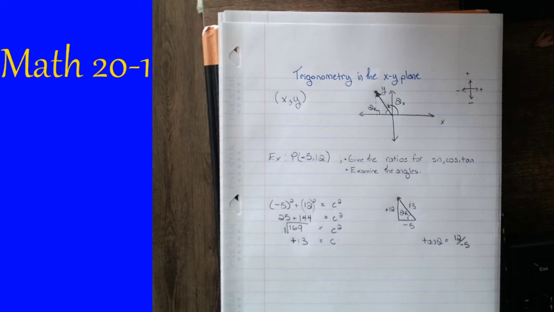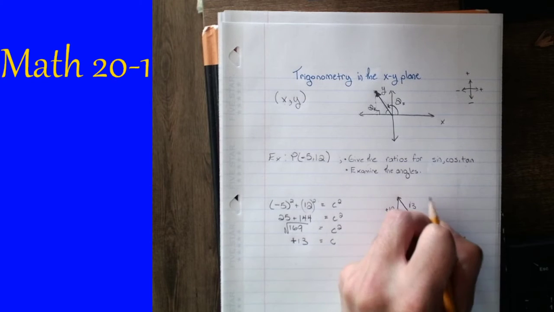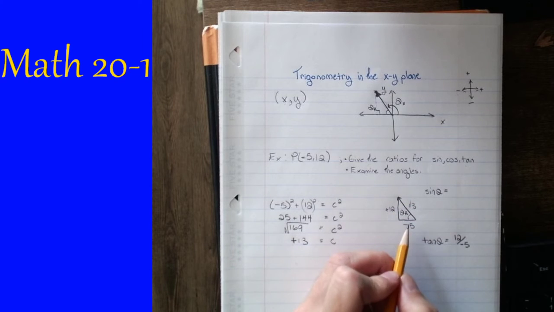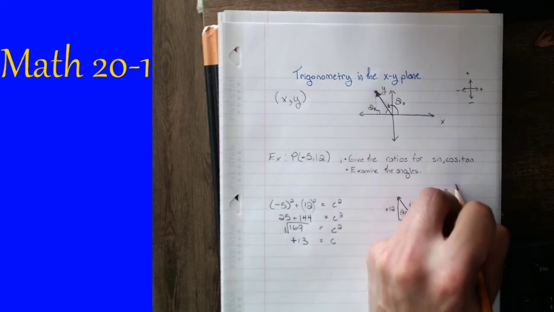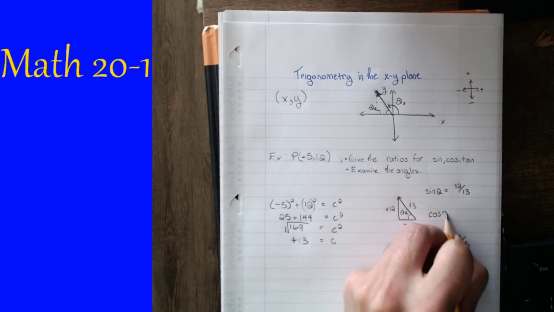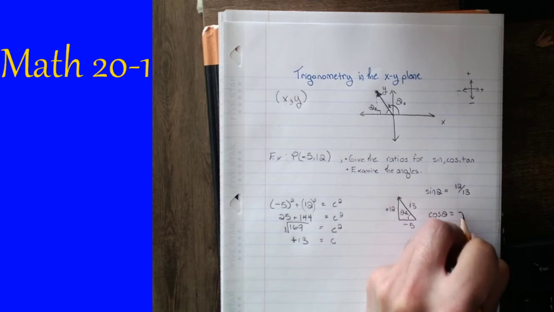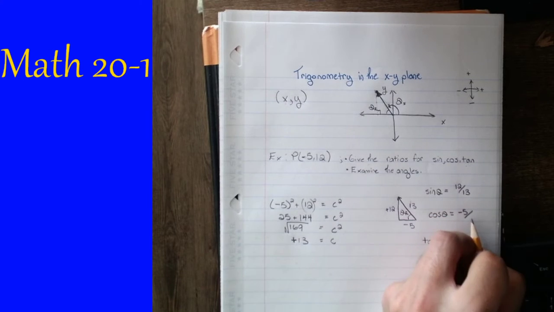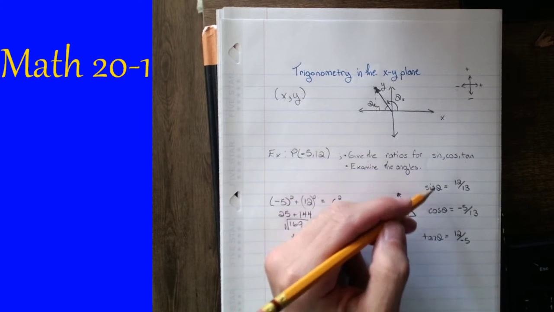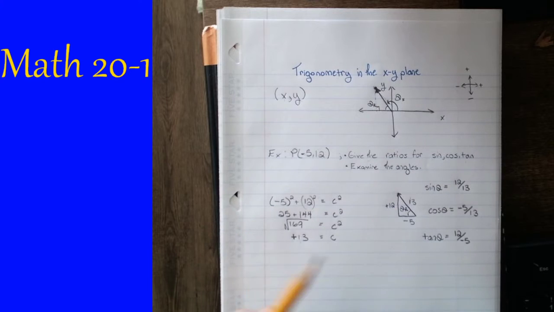So now that I've solved for the hypotenuse, I can give the other two ratios. The sine of the angle is going to be 12 over 13, and the cosine of the angle is going to be equal to negative 5 over 13. Okay, so in terms of just giving the ratios for the basic trig functions, those are those ratios.